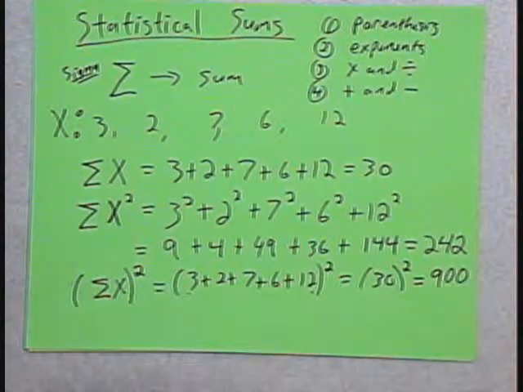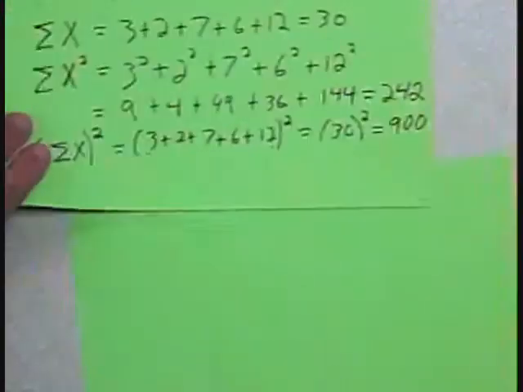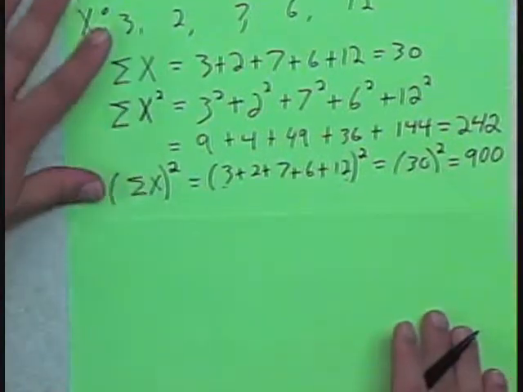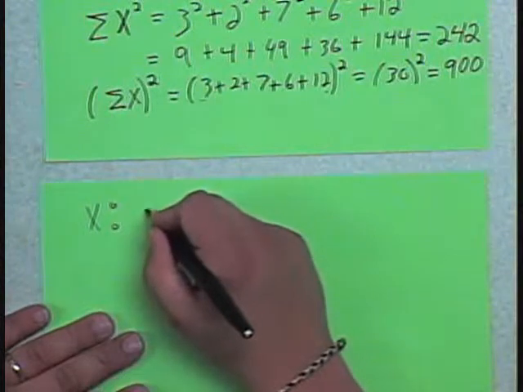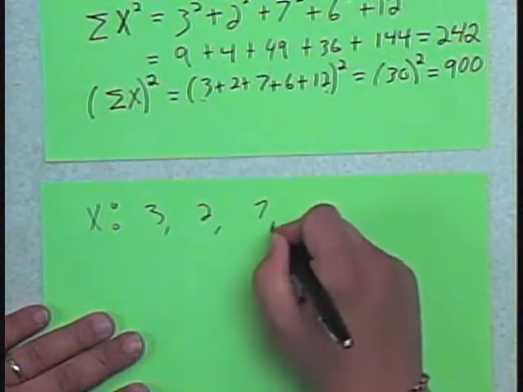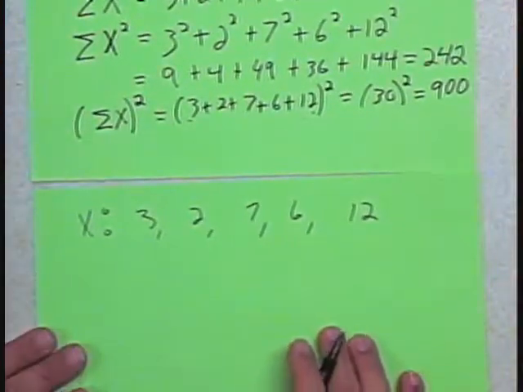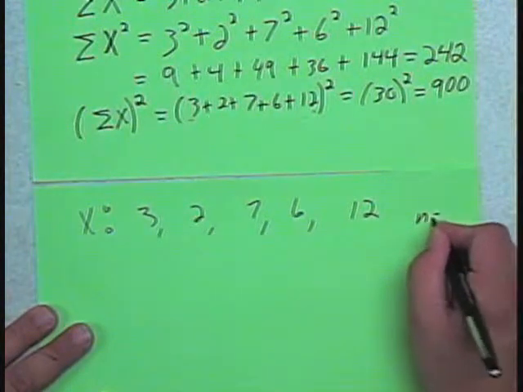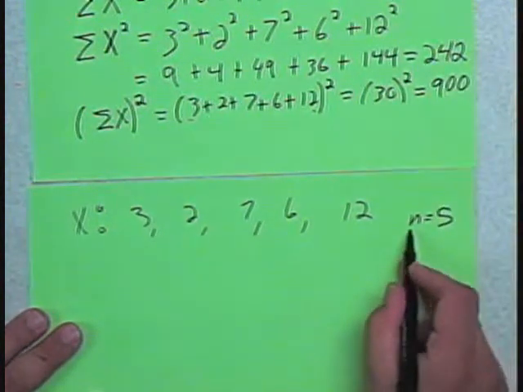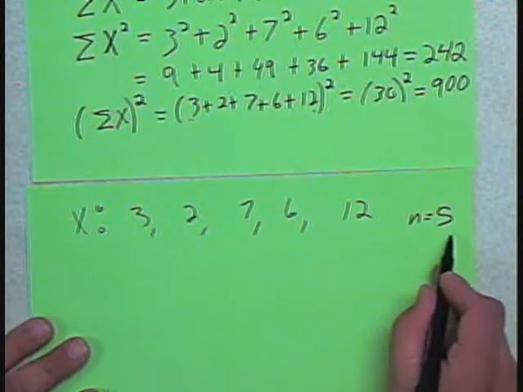But now we can use these sums in other formulas. Let me show you what I mean. Let me take the X values again: 3, 2, 7, 6, and 12. Now, if I count the number of values in my sample, I have 5 of them. So my n, remember little n denotes the size of a sample, is equal to 5.